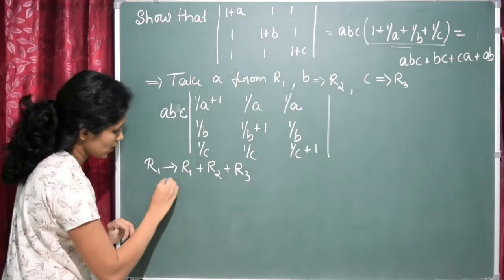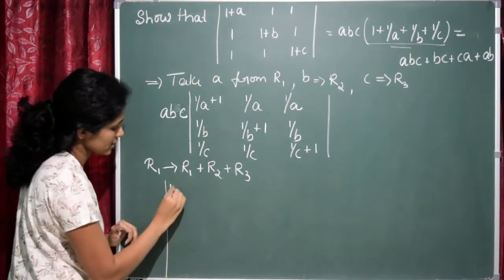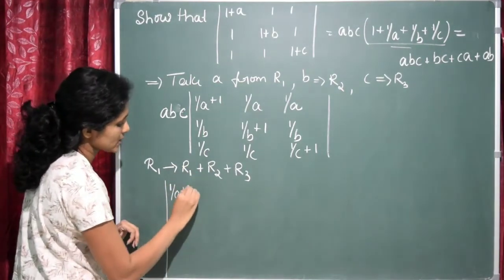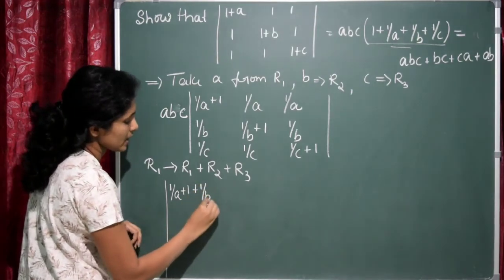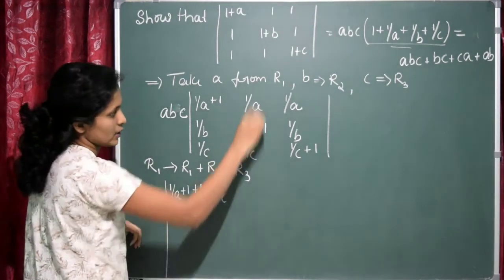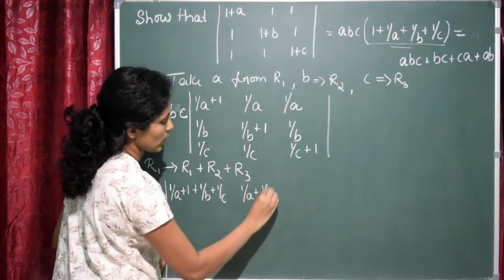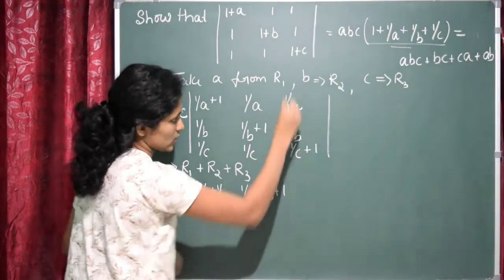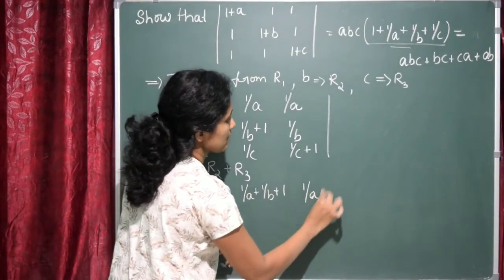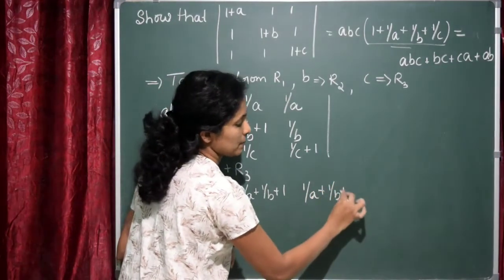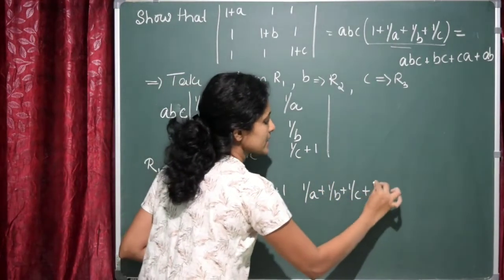So R1 changes, that is 1 by A plus 1 plus 1 by B plus 1 by C. Now here if you add this, this will be now 1 by A plus 1 by B plus 1. So this is also 1 by A plus 1 by B plus 1 by C plus 1.